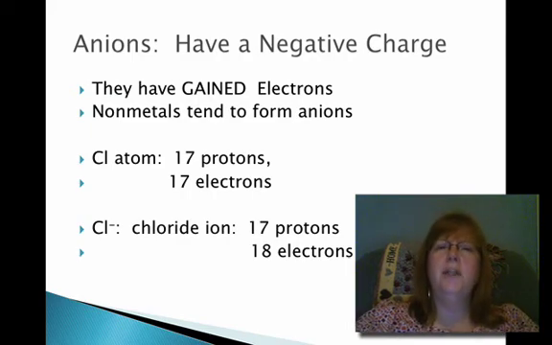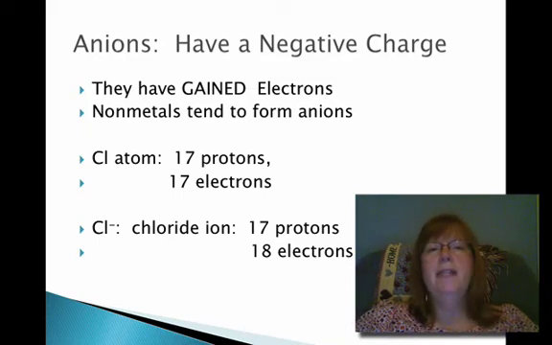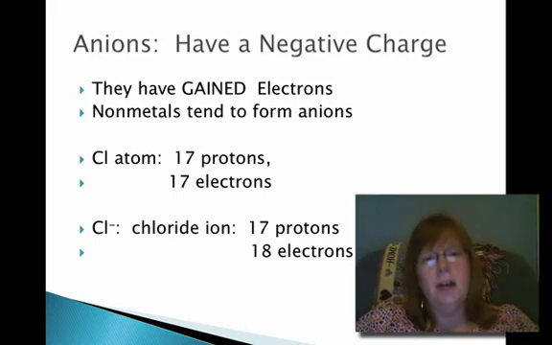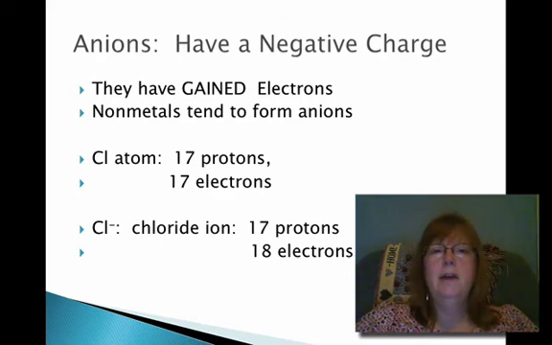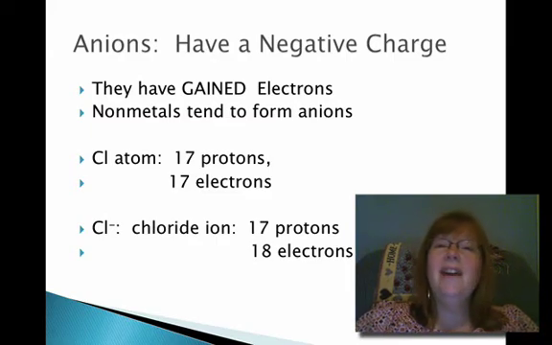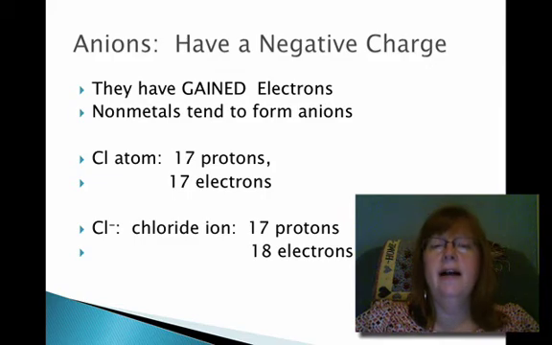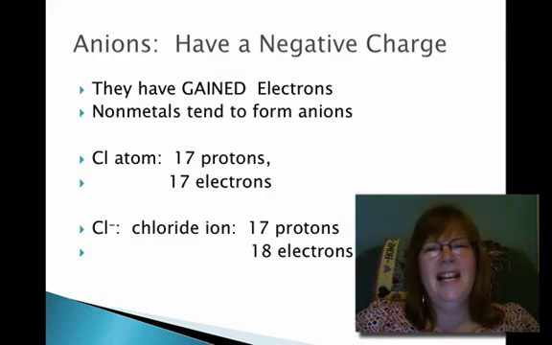Well, let's look at a chlorine atom. It's a nonmetal. It has 17 protons. That's its atomic number. If it's an atom and it's neutral, the electrons will equal the number of protons, 17 electrons. But now let's look at a chlorine with a -1 charge. It's now called the chloride ion. Notice the ending changed.